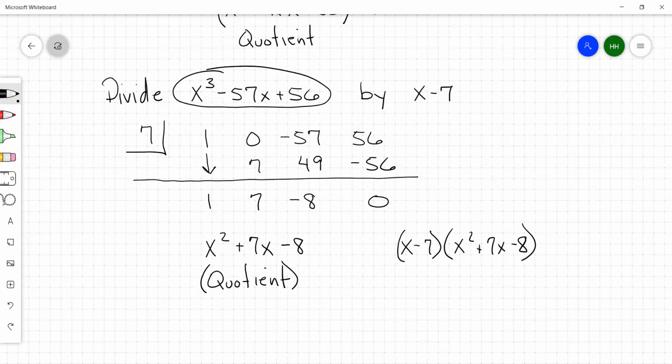And you could go one step further and you could say that x minus 7 times x plus 8 times x minus 1 equals this as well, doesn't it? All right, that's just a factored version of it. So those are your zeros for that polynomial.